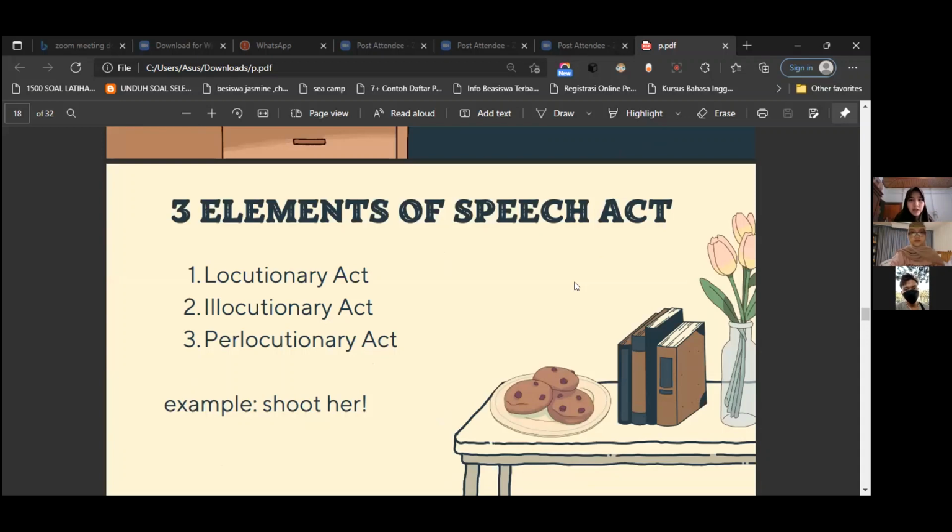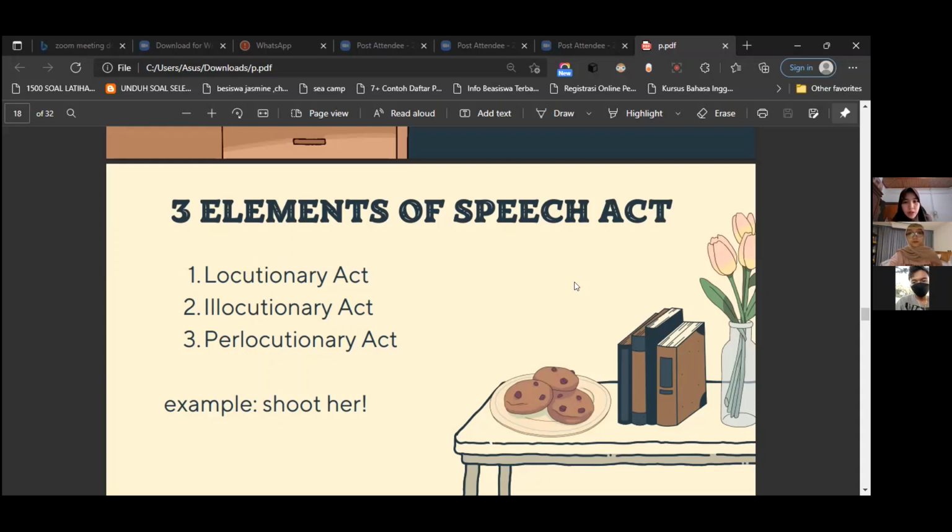For example, "shoot her", like the imperative sentence you might see in an action movie. The "shoot her" is the locutionary act. It makes sense in language because it is imperative language.